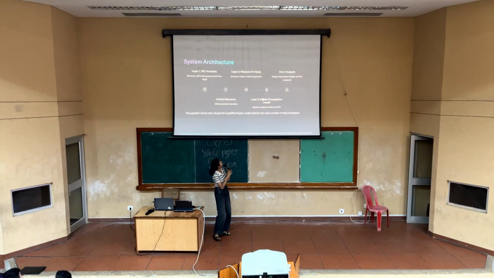For the system architecture of this project, I've taken JPL Horizons data as graphed here. This is high precision ephemeris data from NASA. It has all the vital orbital elements, parameters, velocity, and position at any particular time. And then the second layer is the REBOUND N-body layer.